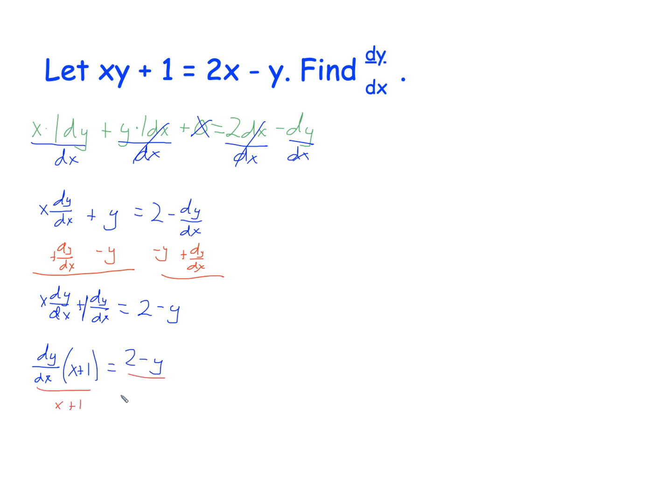And so our answer is dy dx equals 2 minus y over x plus 1. And so there's our first one where we solved by implicit differentiation.